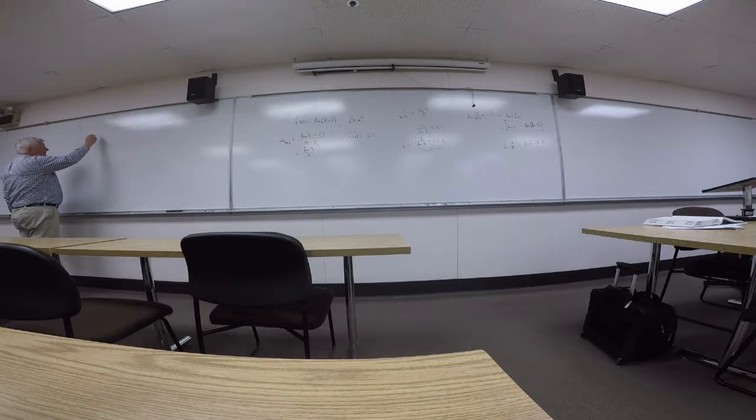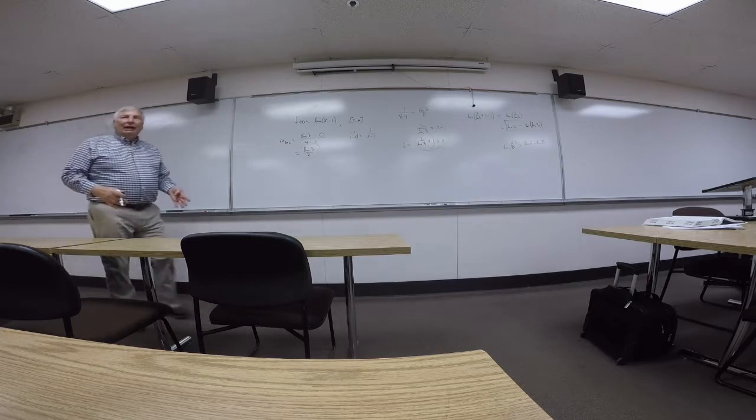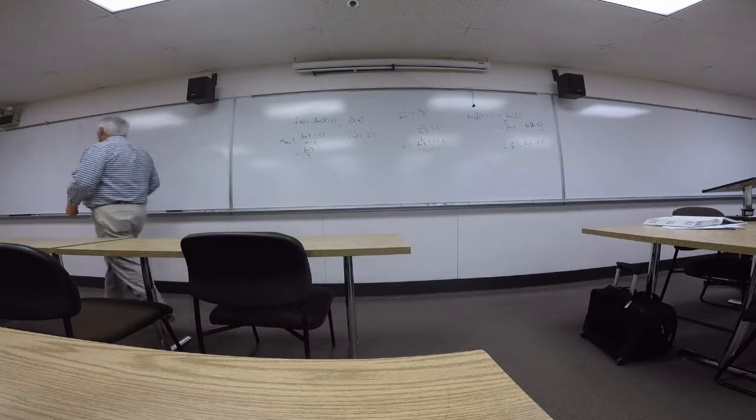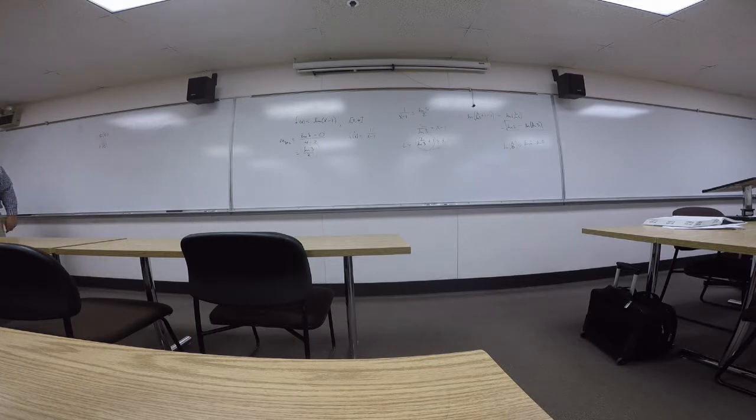Position or displacement, S, is a function of time. Where I am depends on what time it is. But that position depends on also how I'm moving and whether I'm changing my velocity. So, another aspect, velocity is a function with respect to time, and acceleration is a function with respect to time.